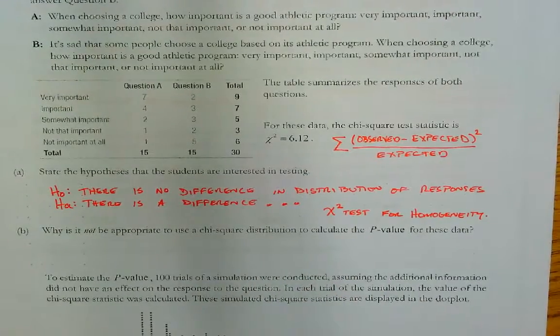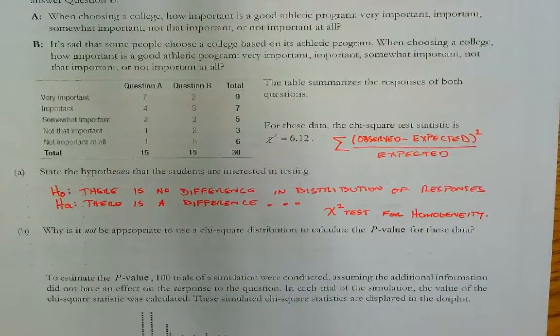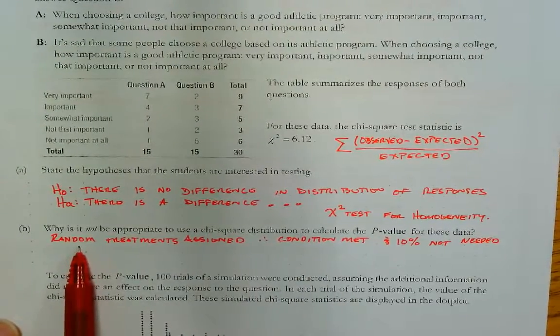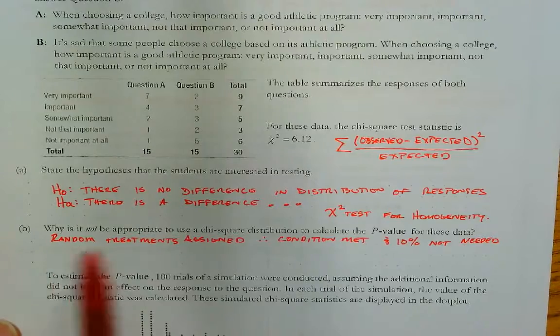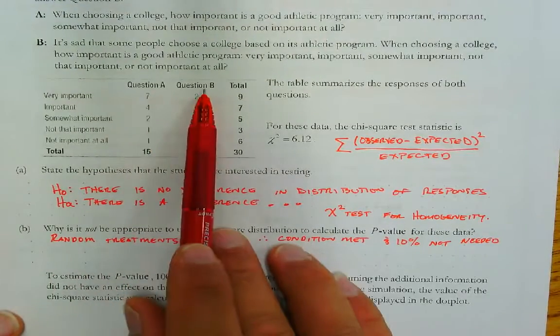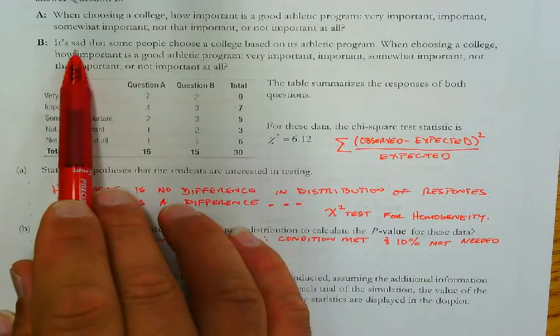Well, think about that. Come back, check it out. So first we start with our random condition. Well, we had random treatments assigned. What was the treatment? Did they get question A or question B? The treatment was this additional information.